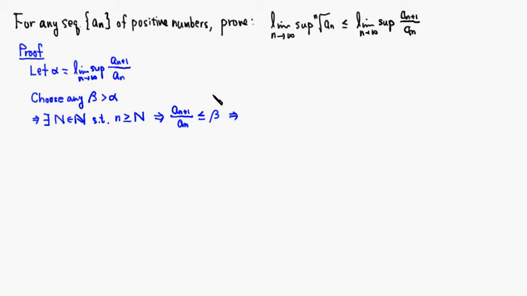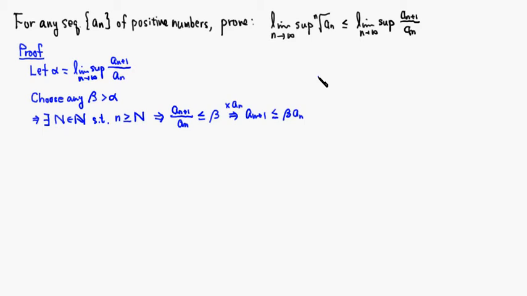Since a_n is a positive number, the direction of the inequality stays the same, so you have a_{n+1} less than or equal to beta times a_n.